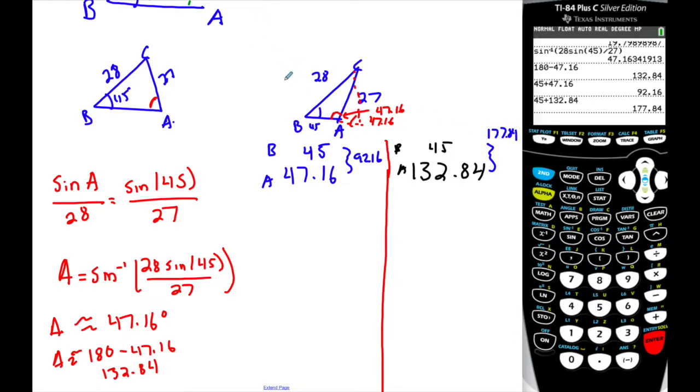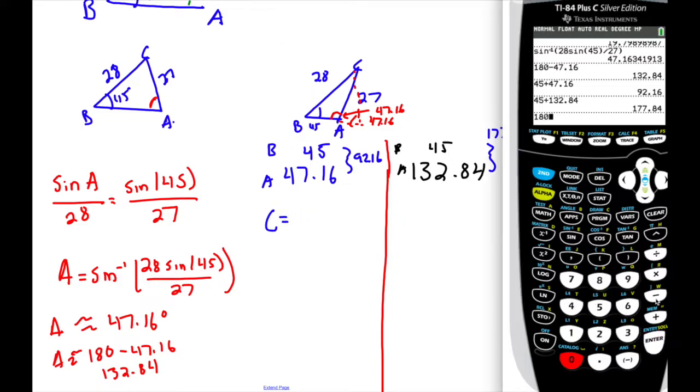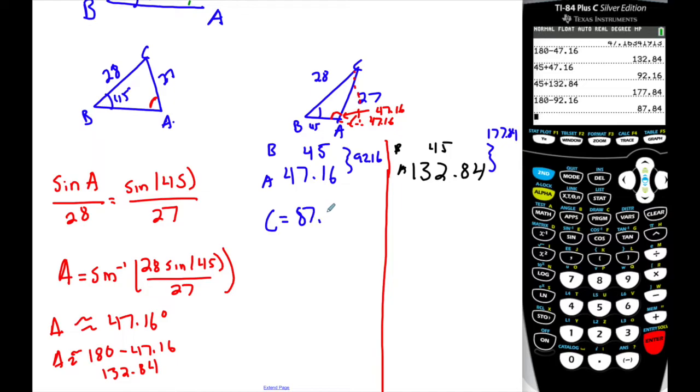Okay, so that means, again, the three triangle side angles have to add up to 180. So first I'll do 180 minus 92.16. Okay, so I've got 87.84. That's the first triangle, because, again, that makes these three add up to 180.